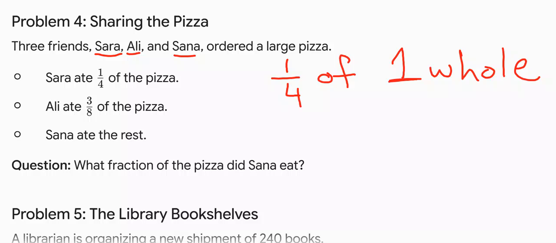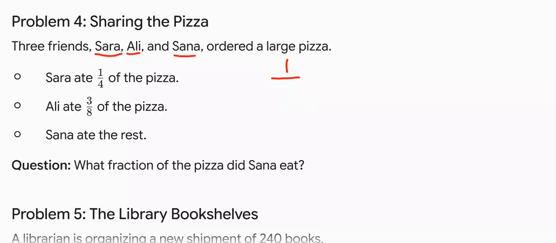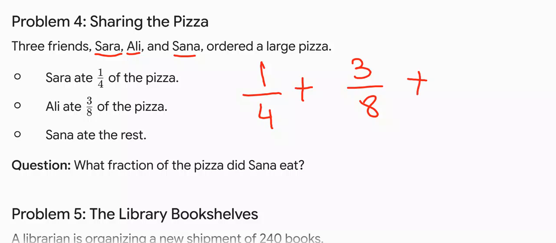Okay. So it is 1/4. How to make this? We have to make one whole. Sarah ate 1/4, plus Ali ate 3/8, plus Sana ate something, and it makes one whole.